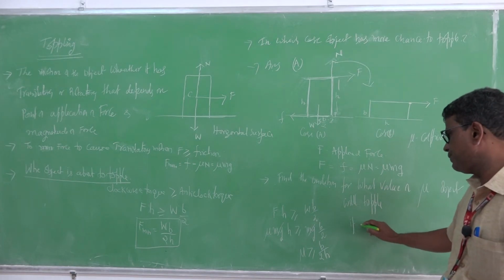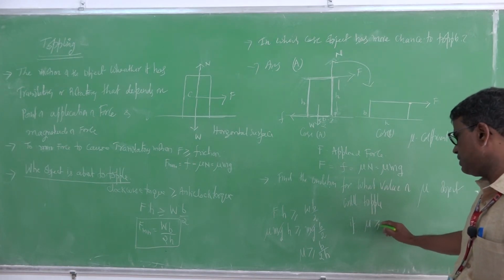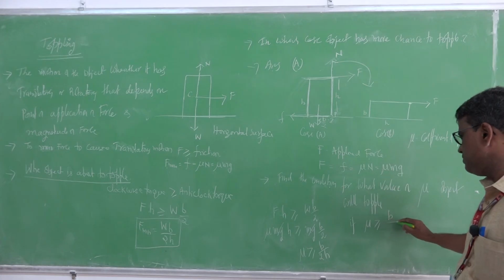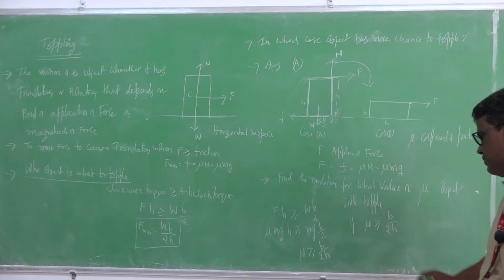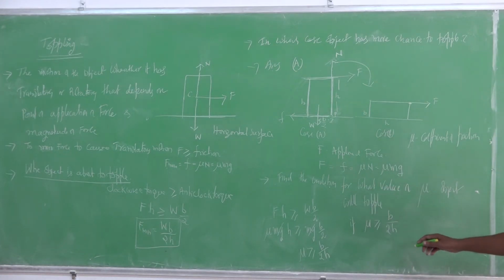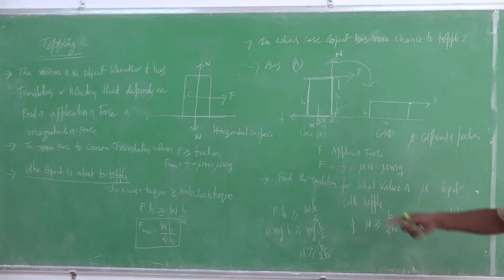If mu is greater than or equal to b by 2h, the object may topple. This mu depends upon the nature of the surfaces. We can't change that.